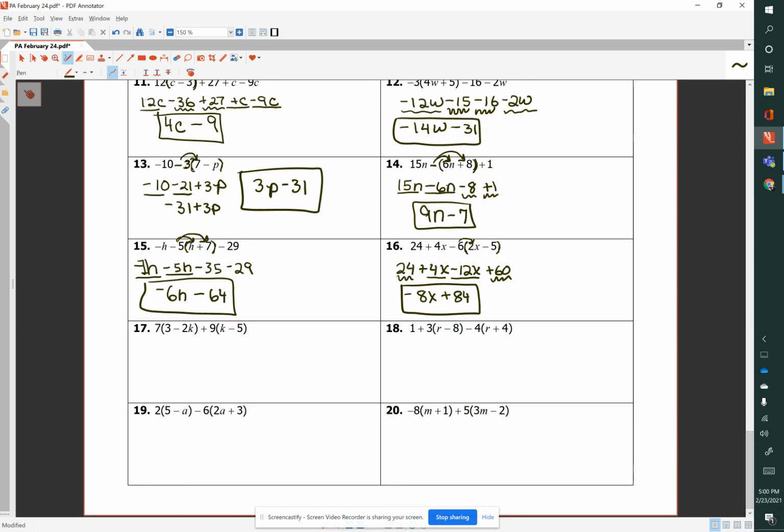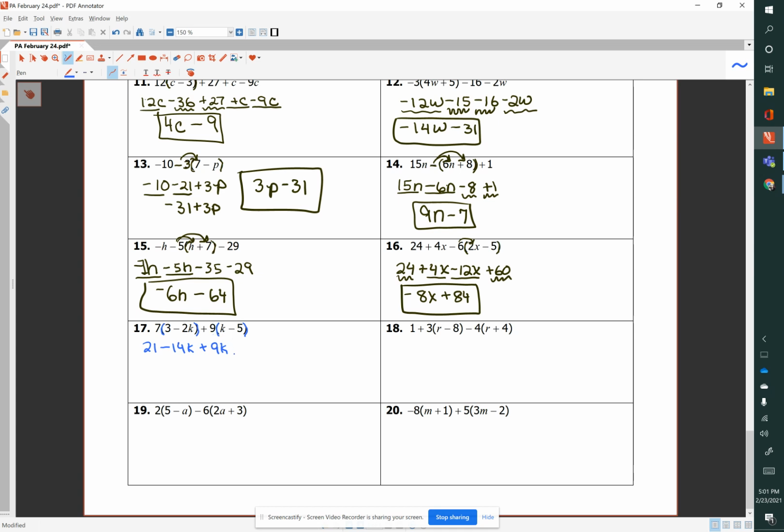Number 17. I think I'll change the color so it'll be clearer for you to see them. 7 times the quantity of 3 minus 2k plus 9 times the quantity of k minus 5. So we've got two quantities to distribute through. 7 times 3 is 21. 7 times negative 2k is negative 14k. Plus 9 times k is 9k.